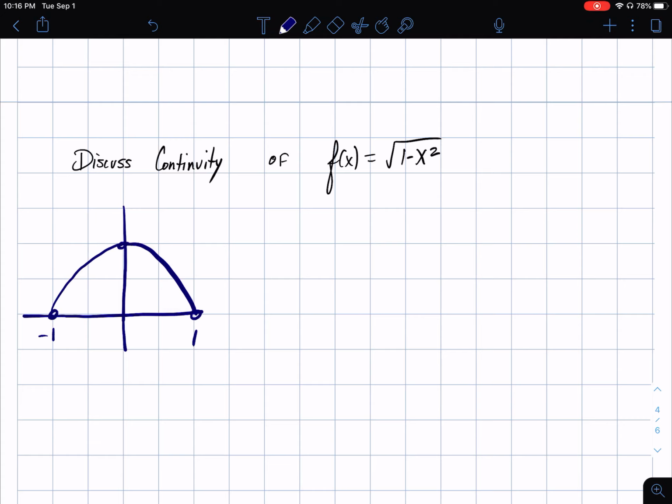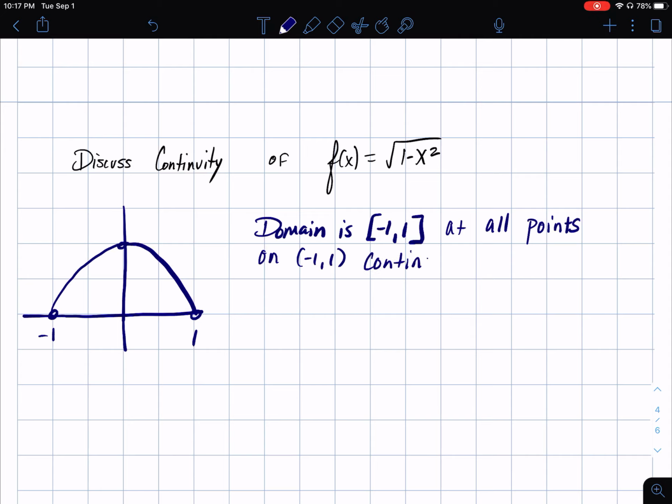So the domain for this is going to be this closed interval -1 to 1. So the continuity, it is continuous at all points on -1 to 1. And we could prove that using the theorems that we have talked about before.